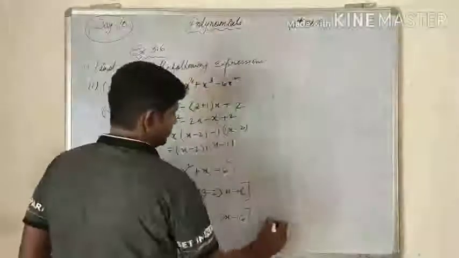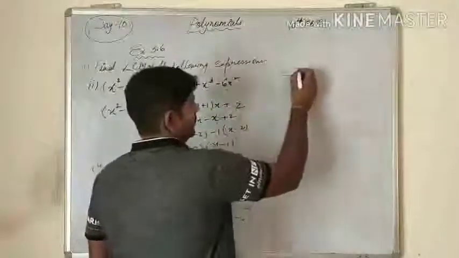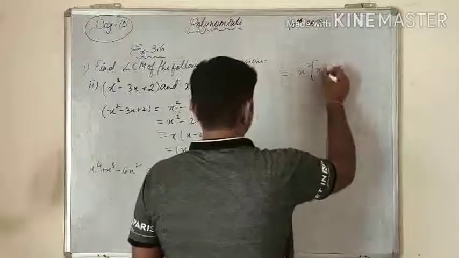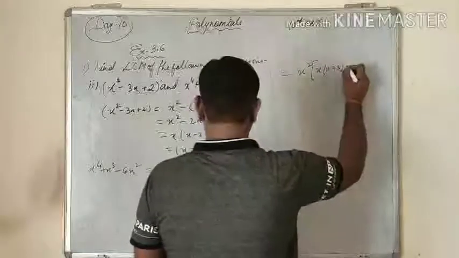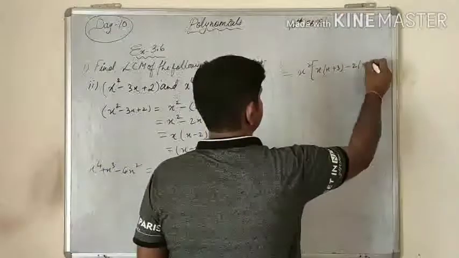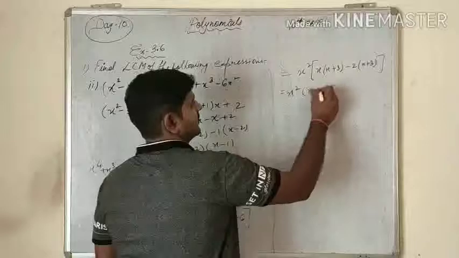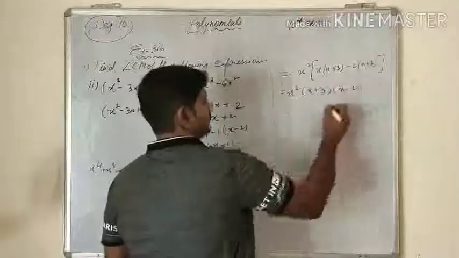If we solve this, there is x square and x common, so x plus 3, and minus 2 common, so x plus 3. So it can be taken like this: x plus 3 and x minus 2.